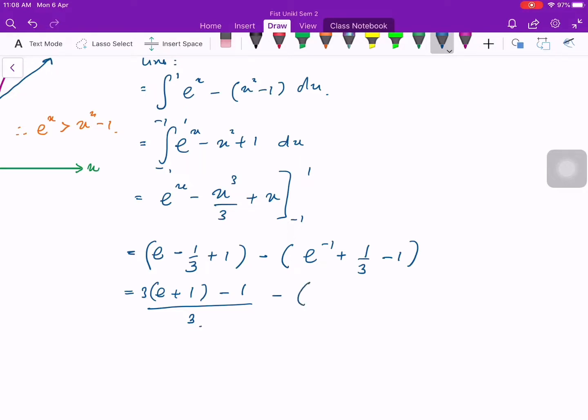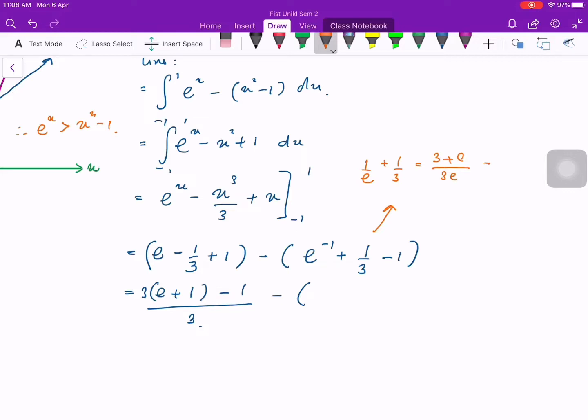So we have e to the power of -1, which is actually 1 over e. Let's solve this part first. So 1 over e plus 1 over 3, we're going to have (3 plus e) over 3e.